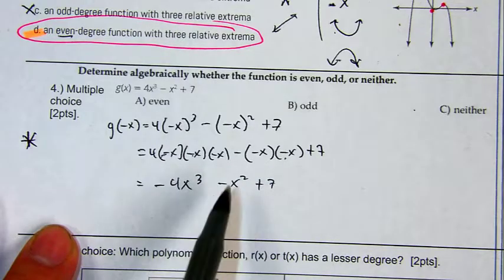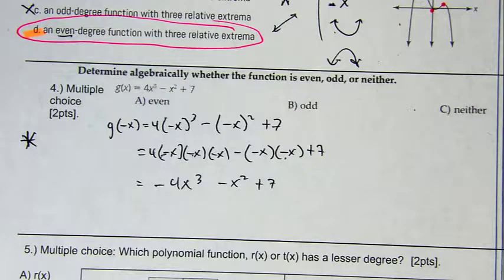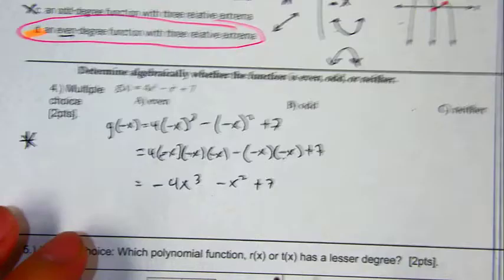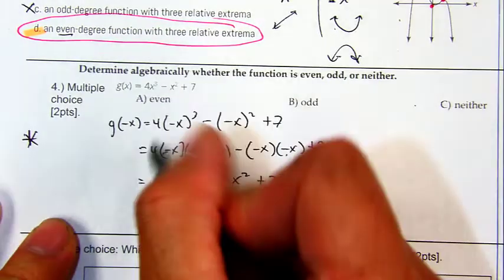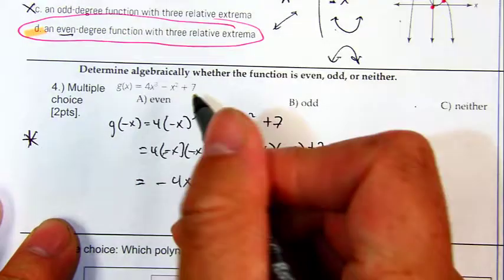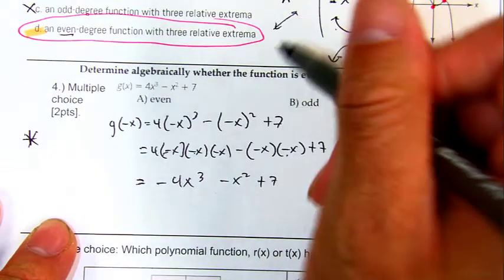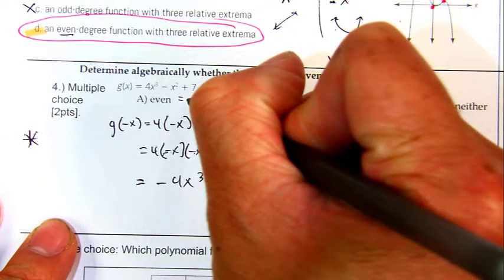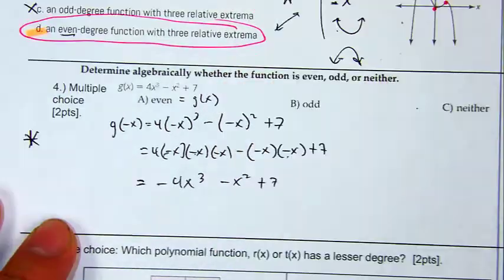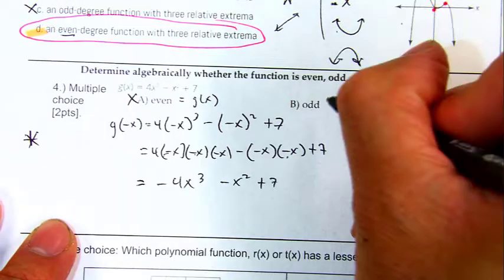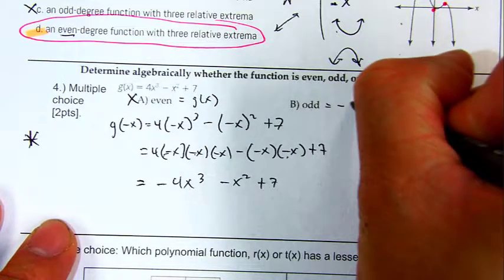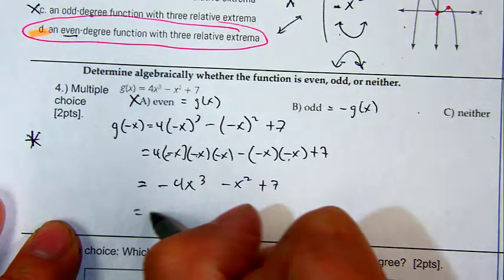So does that look like the original? We would say it does not look like the original. So that would not be even. So it's not that one. Odd is if it's the opposite of the original. So you can factor a negative 1.